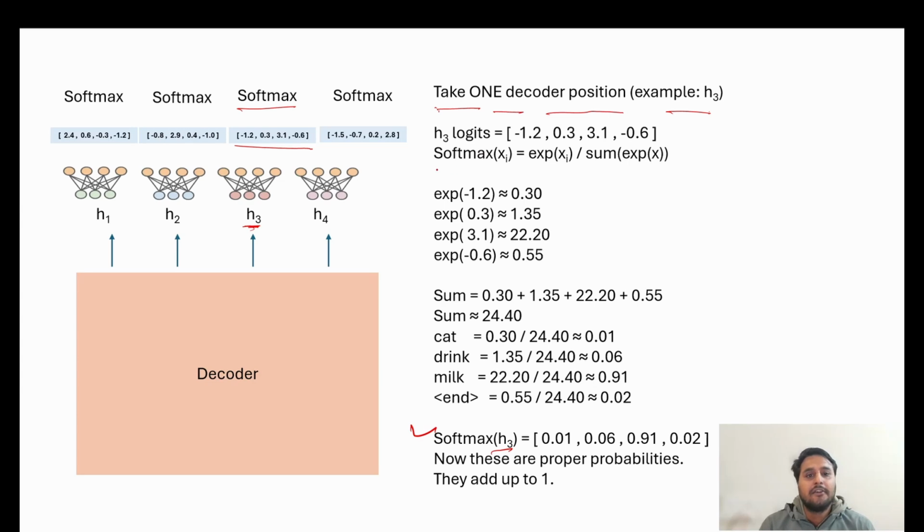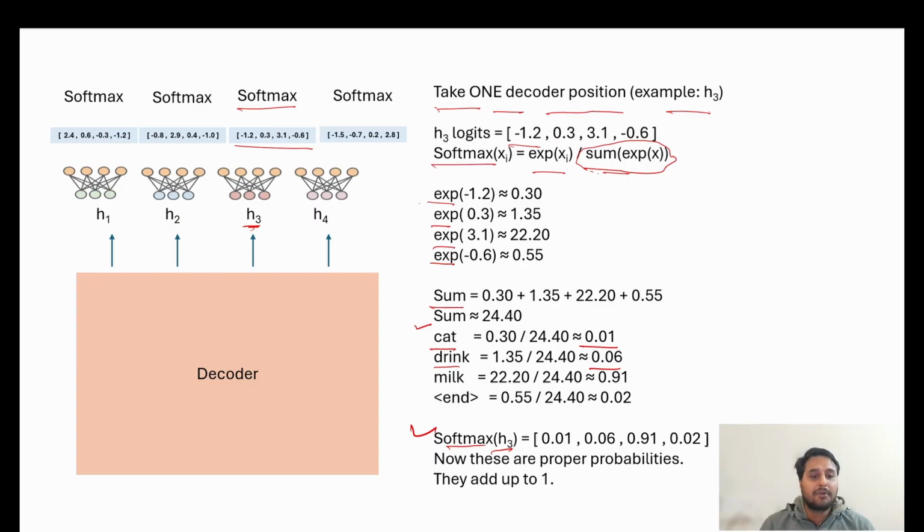We all know the formula of softmax: exponential of xi divided by the summation of exponential of xi. We calculate the exponent for each value, and the denominator is the same all the time. This is our summation. For the cat word we calculate the probability 0.01, for the drink word 0.06, and similarly for the others. Finally we get softmax of position 3.